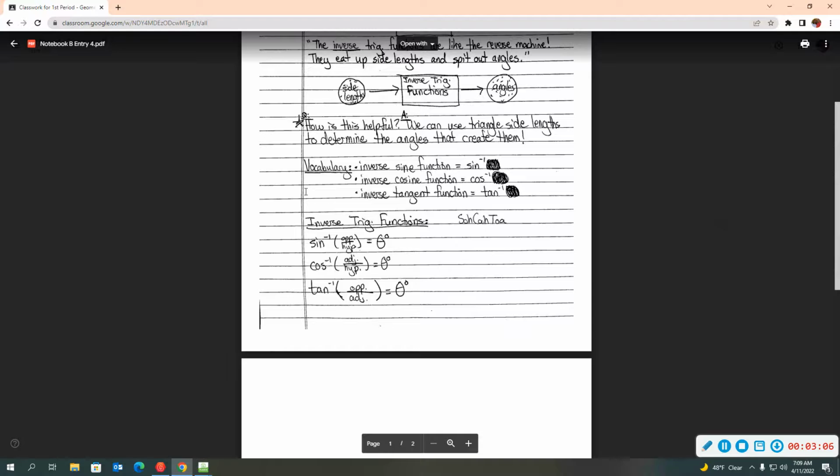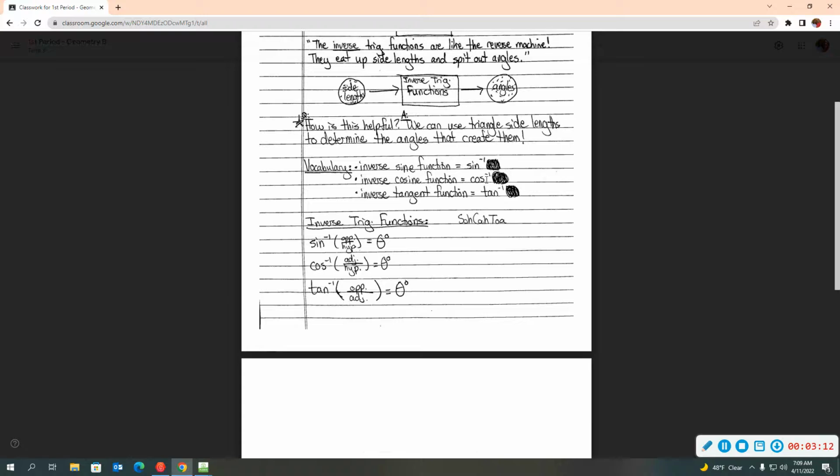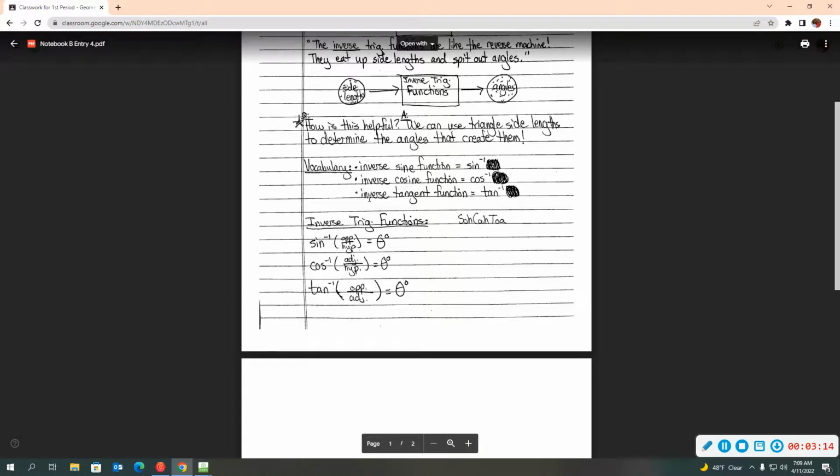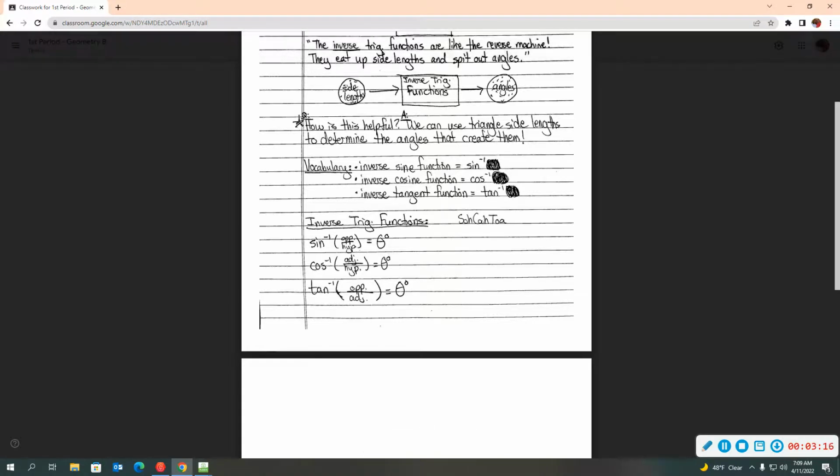So when you see this sine to the -1st power, you say inverse sine function. Same thing with cosine, the inverse cosine, the inverse tangent, and so forth.